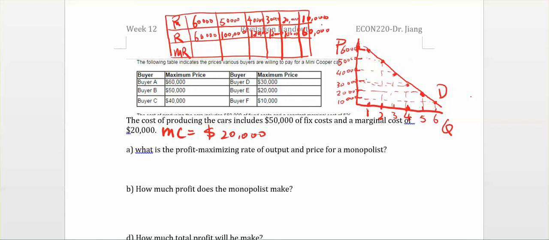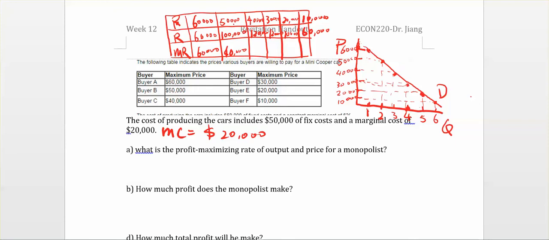Now we can calculate the marginal revenue. At the beginning, the marginal revenue we keep at $60,000. When the price decreased from 60,000 to 50,000, we can find the marginal revenue is equal to $40,000.